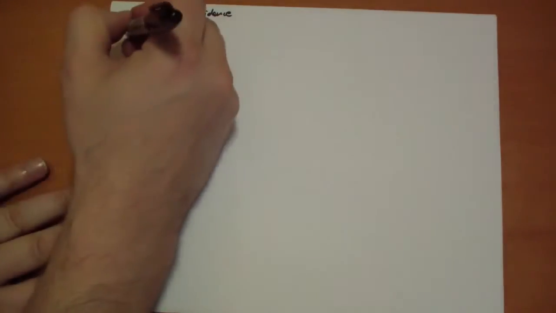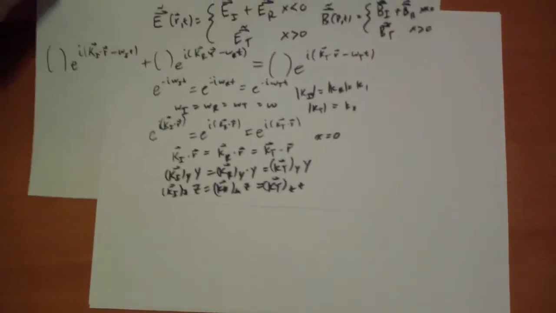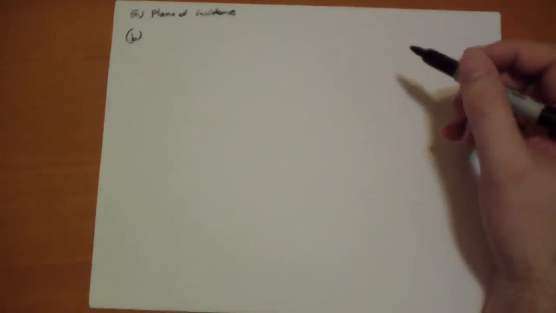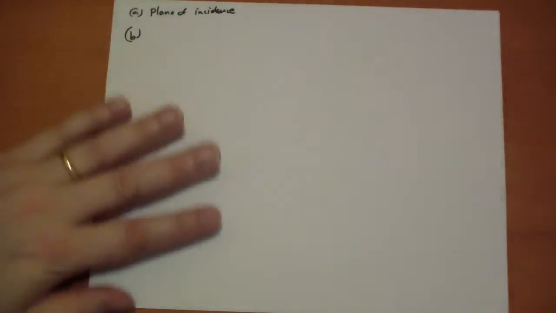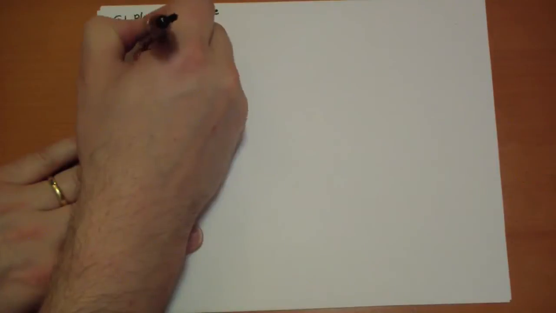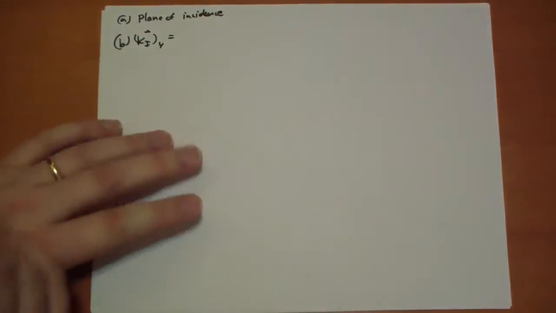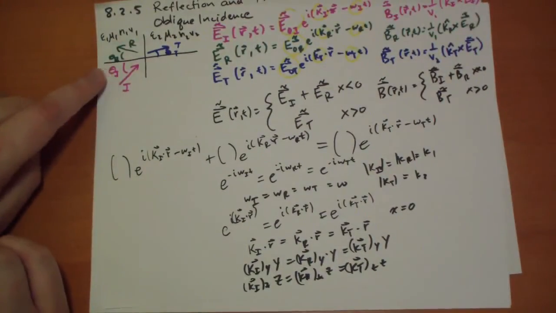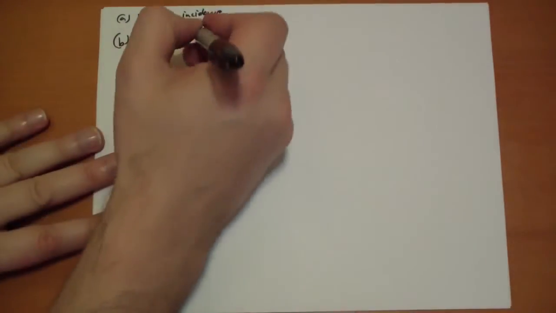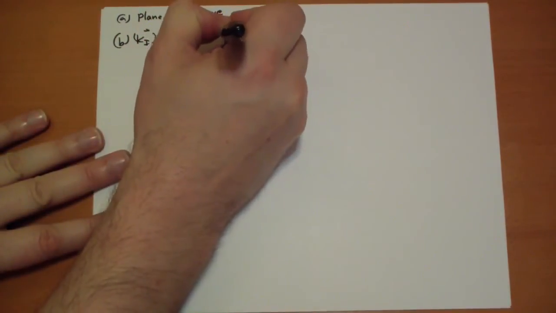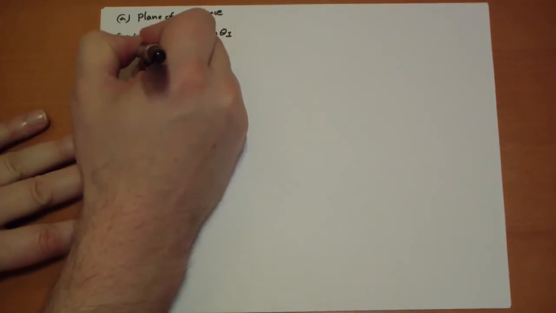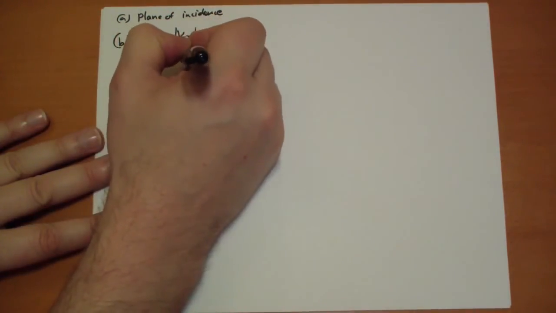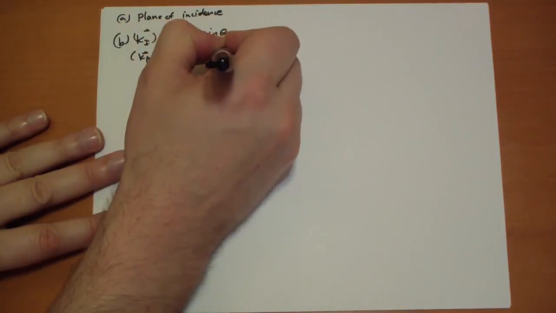The second thing that we get is if you look at how these two relate to each other, let's write out the y component of kappa I. So kappa I in the y direction, what's that equal to? Well, that's the magnitude kappa I, and then the angle that it makes, that's just sine of theta I. And kappa r in the y direction is just kappa r times sine theta r.